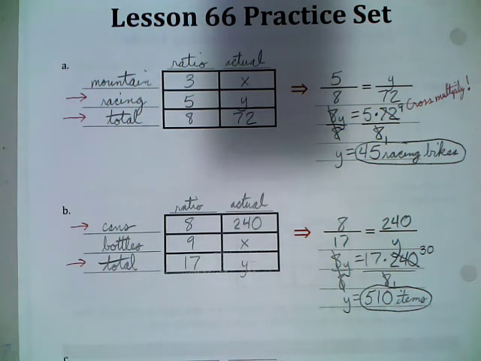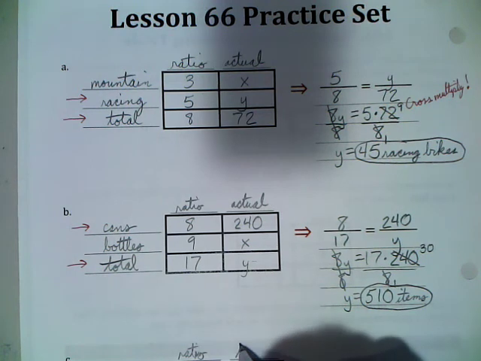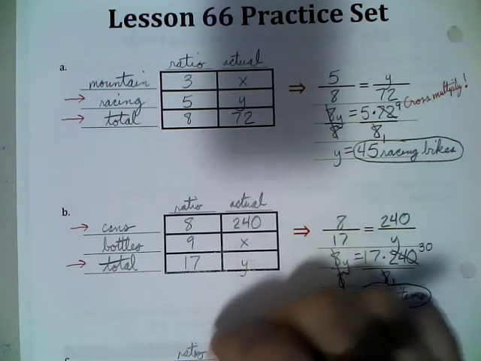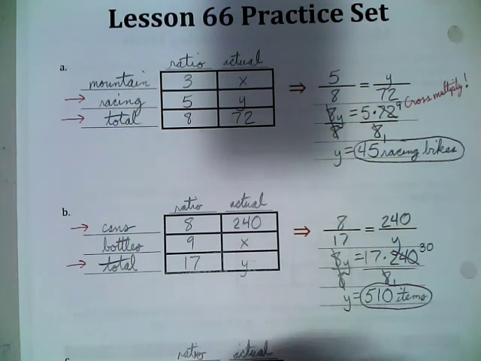And finally, letter C. The ratio of big fish to little fish in the pond was 4 to 11. If there were 1,320 fish in the pond, how many big fish were there? So, ratio, actual, and total.